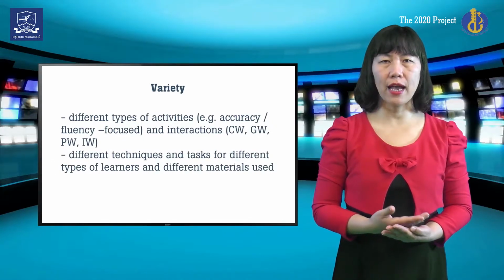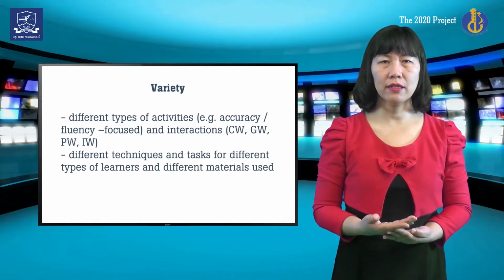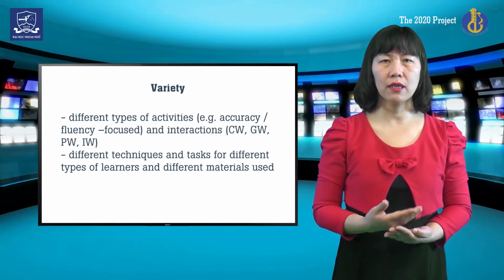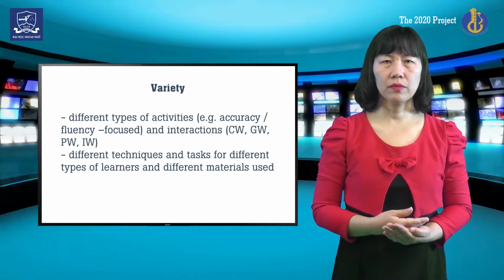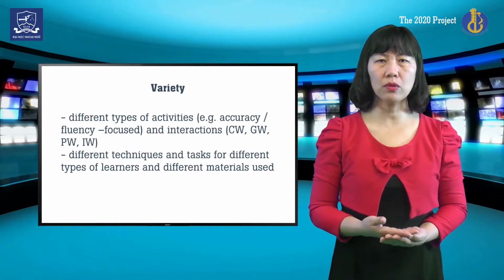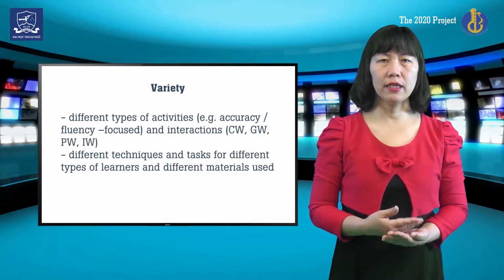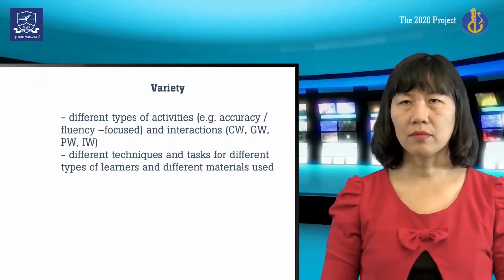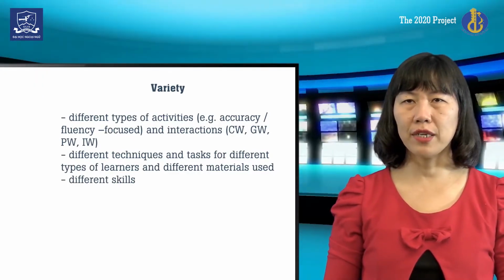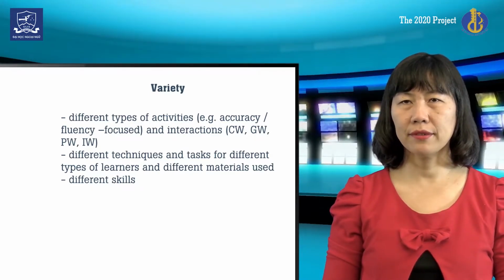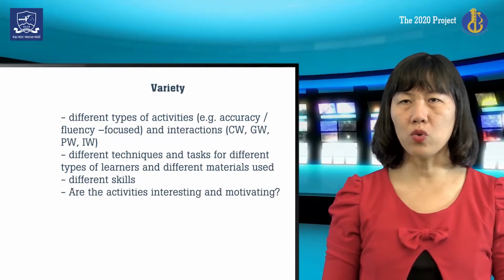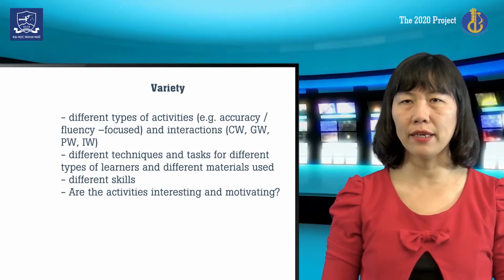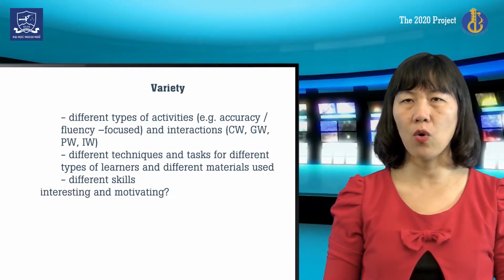Different techniques and tasks for different types of learners, visual, auditory, kinesthetic pupils. Different materials used like students' book, workbook, supplementary, CD, DVD, etc. Different skills, receptive, listening and reading, productive, speaking and writing. Teachers should be sure that activities are interesting and motivating to keep the children highly motivated and interested in the whole lesson.